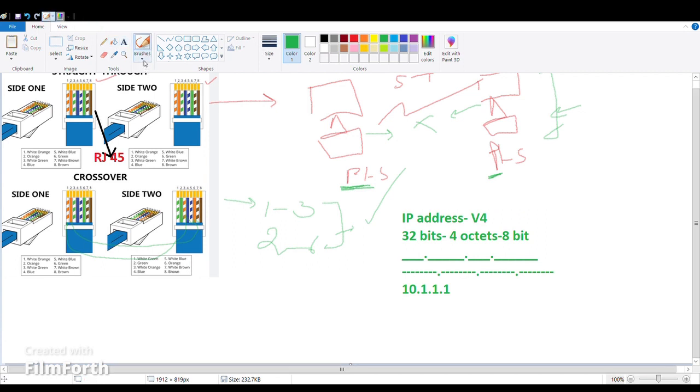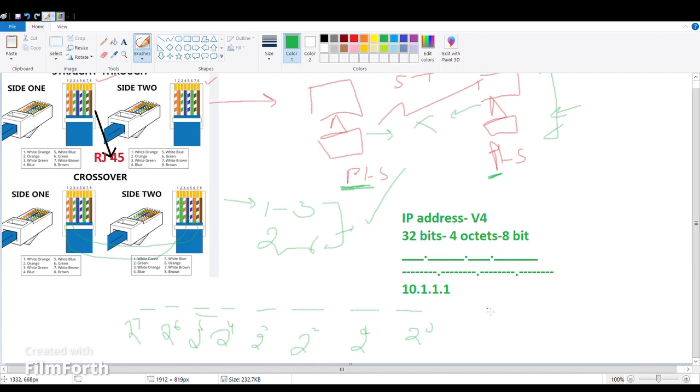If there are 8 bits, starting from the back, this is 2 raised to power 0, 2 raised to power 1, 2 raised to power 2, 2 raised to power 3, 2 raised to power 4, 2 raised to power 5, 2 raised to power 6, and 2 raised to power 7.